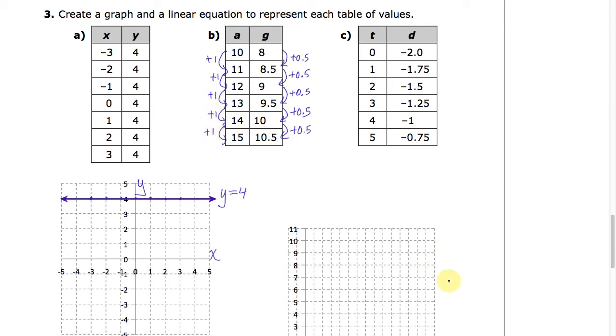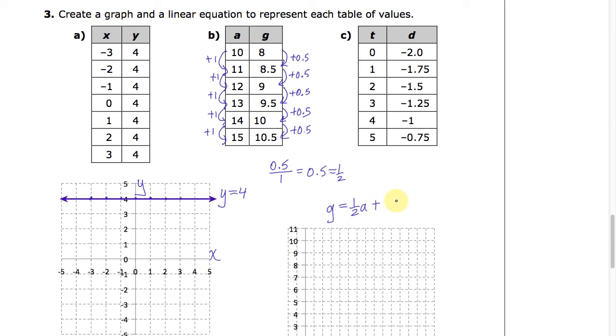And so an important thing to do here is to look at the change in G over the change in A. And that 0.5 divided by 1 gives us 0.5, or a half if you like. And so we could certainly figure out that there is going to be an equation that goes G equals a half times A plus something else.